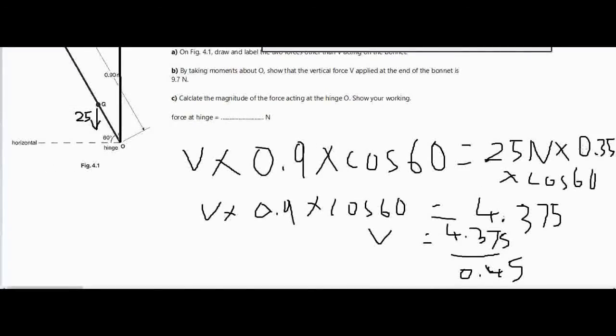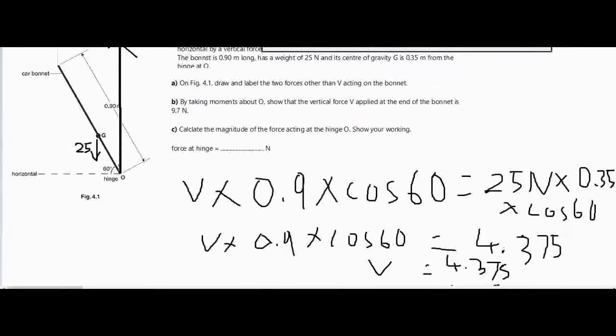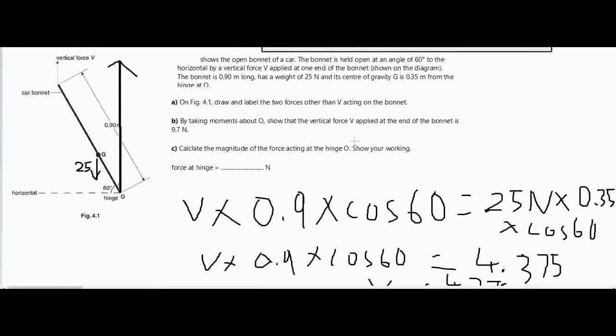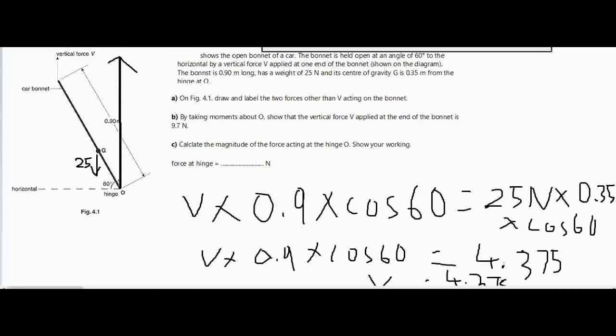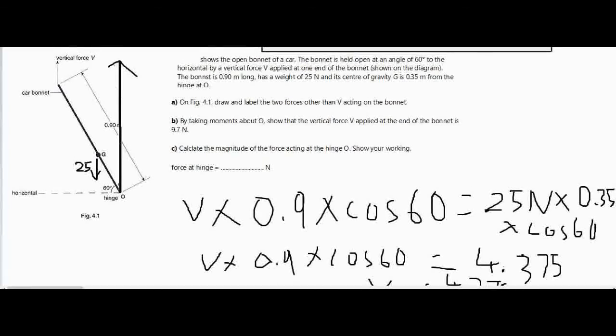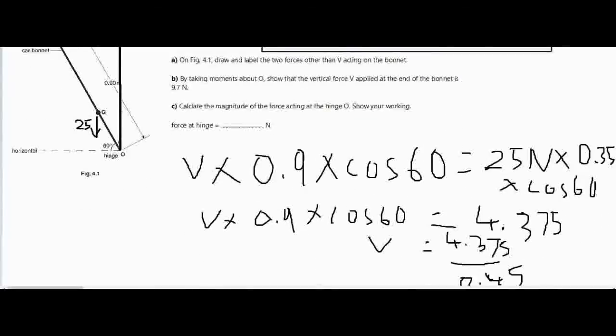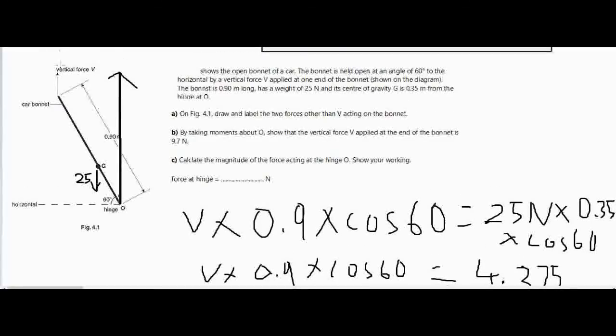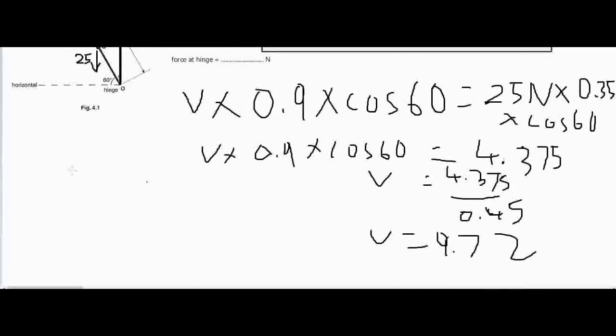Now, last one says calculate the magnitude of the force acting at the hinge O. The best way to go about this is to use the principle that the sum of the upward forces must equal the sum of the downward forces. So V is acting up, O is acting up, and G is acting down.